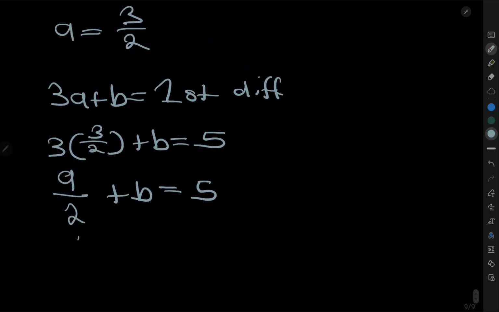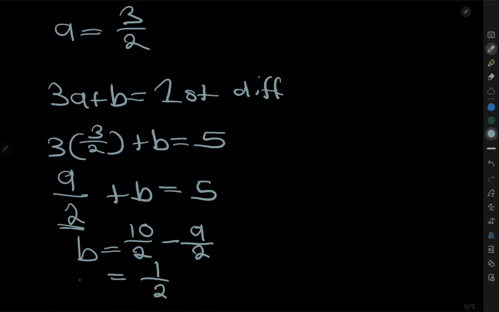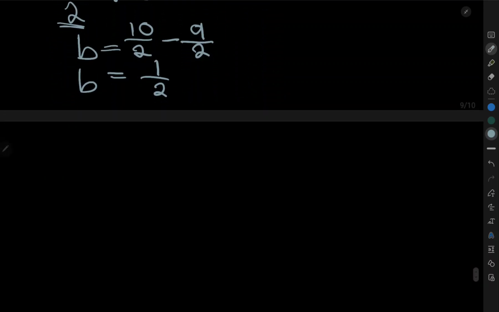My trick when it comes to simplifying fractions is I like writing my whole numbers as fractions as well. So I know that 5 can be rewritten as 10 over 2, minus 9 over 2, which simplifies the whole process. And in that case, I have half as my value.